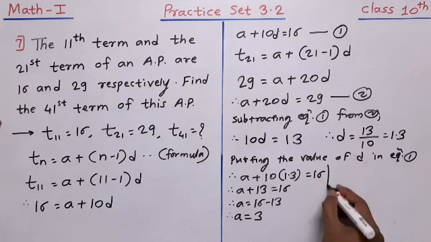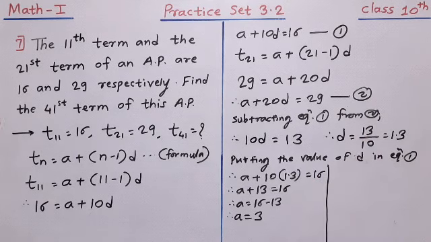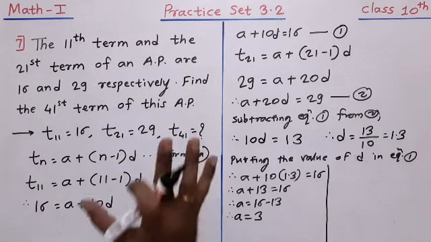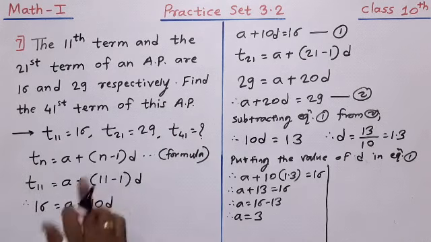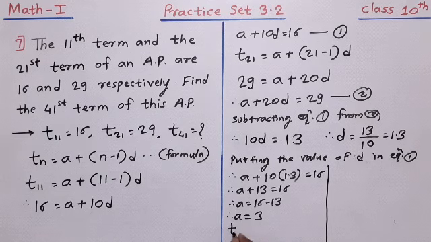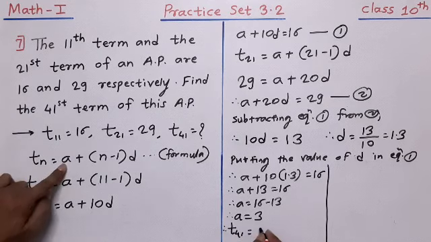Now using these two values in the formula for T41, we can find out the 41st term. So using this original formula, we can write the formula for T41. T41 is equal to a plus in bracket 41 minus 1 into d.